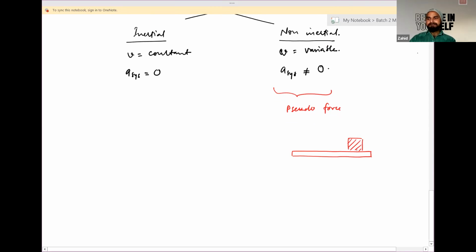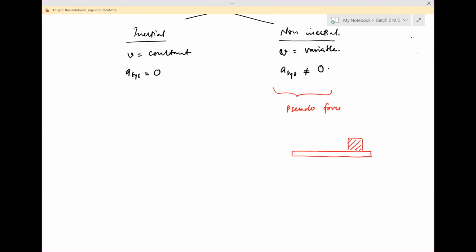Or take your notebook and place any object on it, let's say your pen, and gently shake it in forward direction or backward direction. You will observe the pen will move opposite to your jerk or motion. Is it clear? Yes, sir.